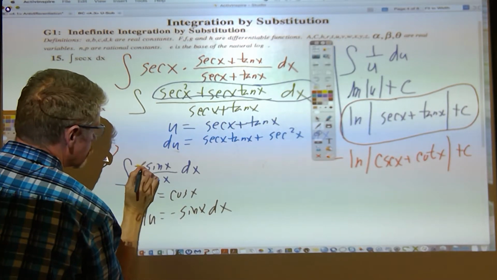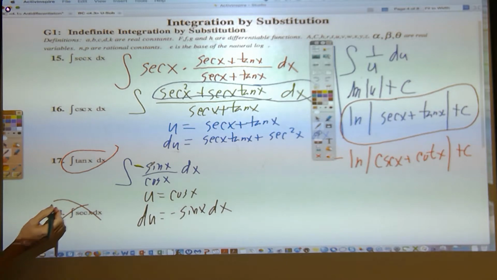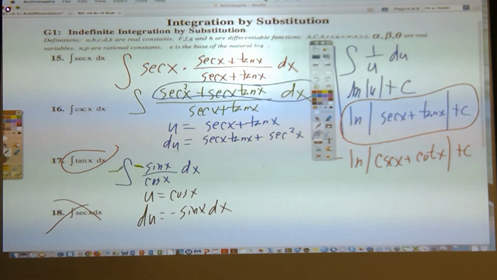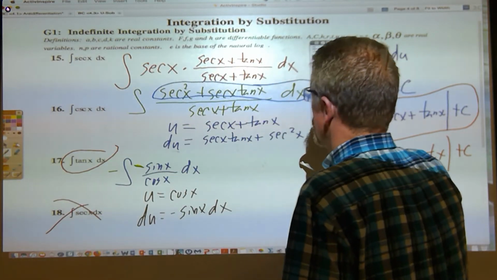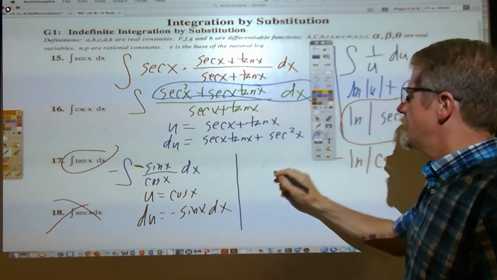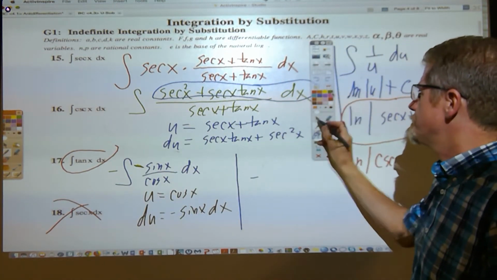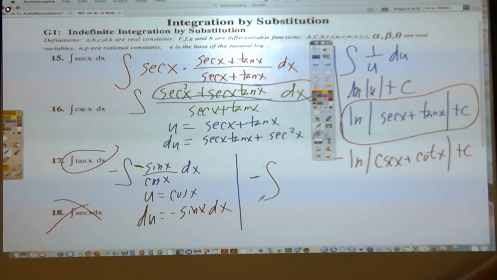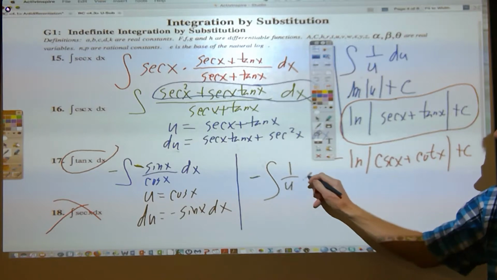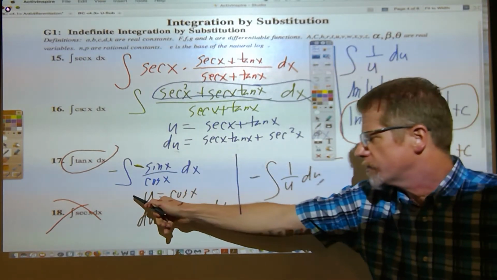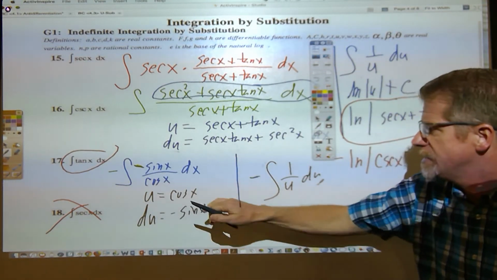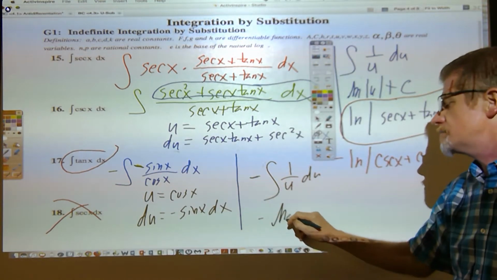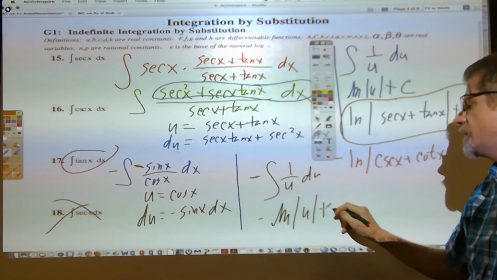And then we counterbalance with what? A negative sign, that's right. So when we convert from x to u, we get the green negative sign times the antiderivative of 1 over u du, where u is cosine x, and du is negative sine x dx. So it's negative natural log of the absolute value of u plus c.